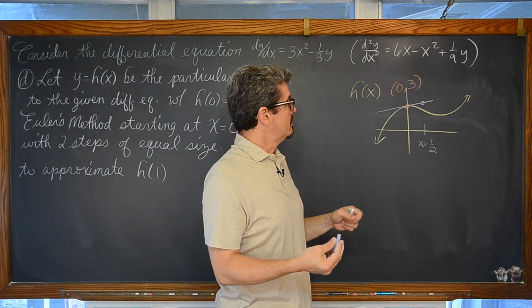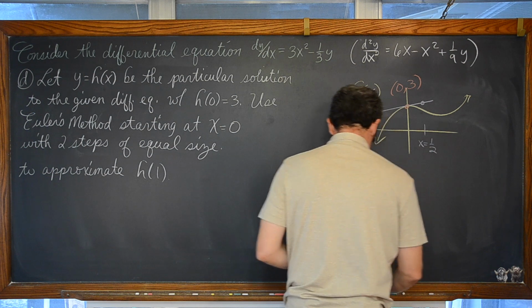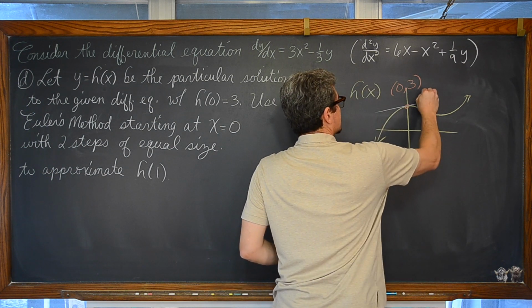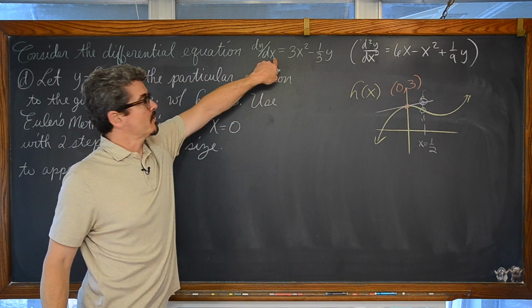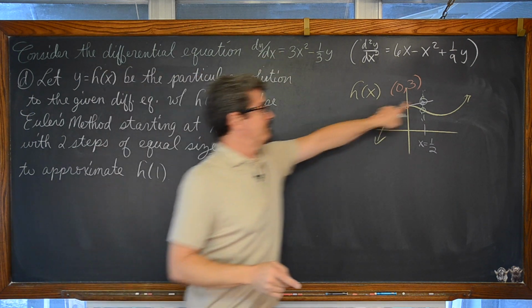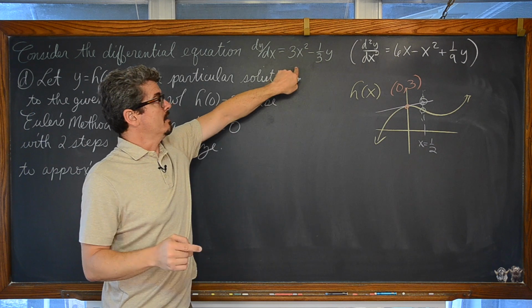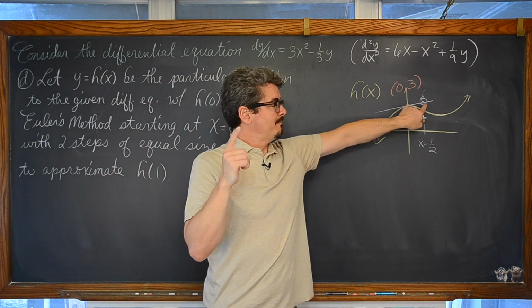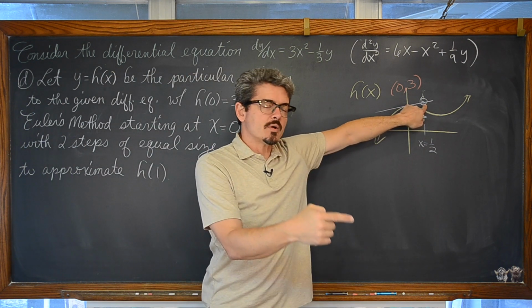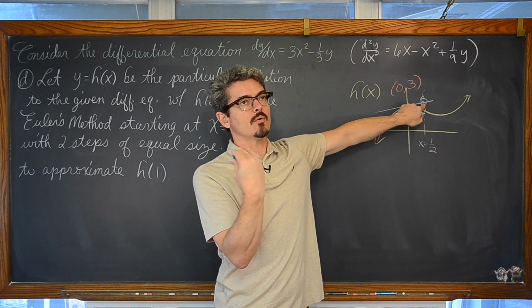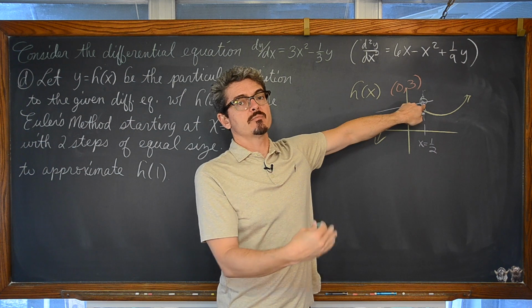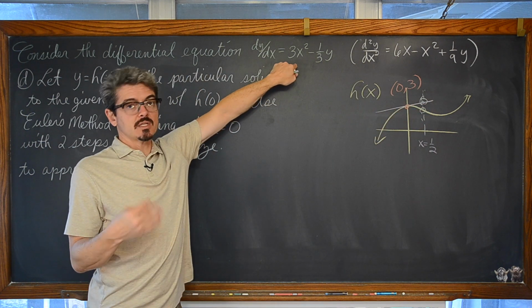And then at that point, we're going to go back to our differential equation, which is describing the slope of h, and find out, hey, okay, at the x value of 1/2, function h takes on this approximate y value. Now, while the y value is approximated, we have a function which is going to give us the slope.